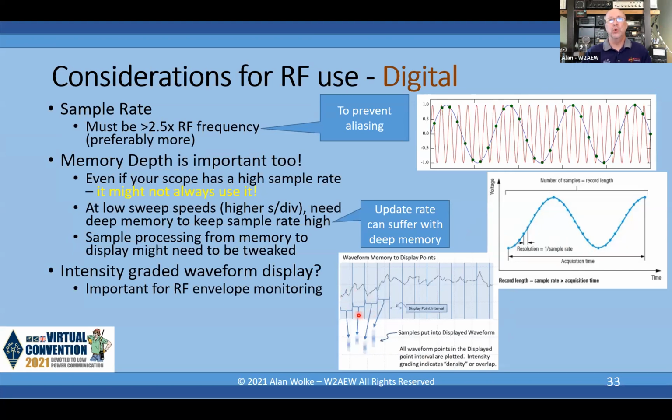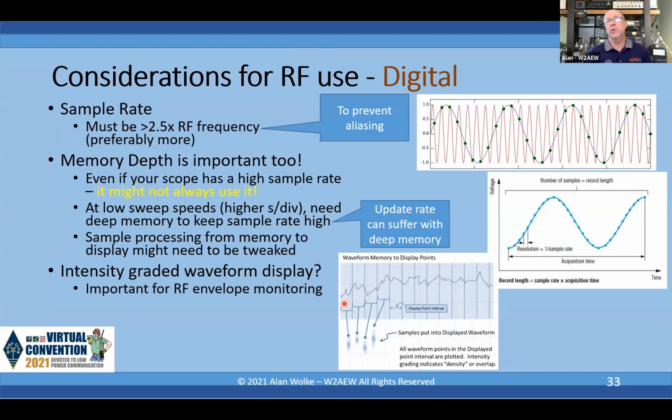For example, I have all these sample points along here, but my display interval is much coarser. So ideally, you take all those points and add them up and color grade their amplitudes to get a color graded representation. That's one of the better ways to represent the compression of the actual waveform samples into the display.